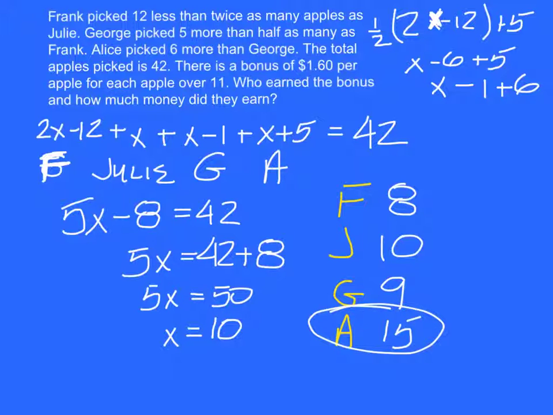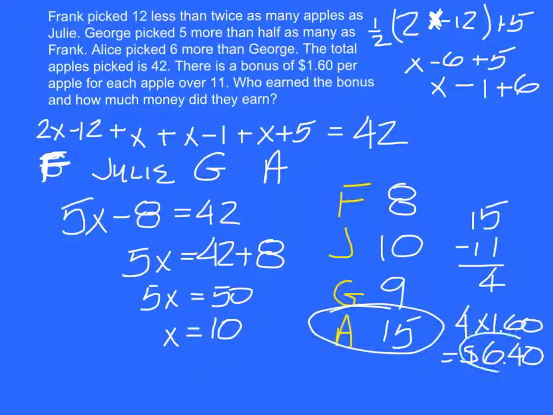And do we give Alice 15 times $1.60? So what do we do? Why do we use 4? Yeah, 15 minus 11 is 4, so we go 4 times 160 to come up with how much? $6.40 for Alice.